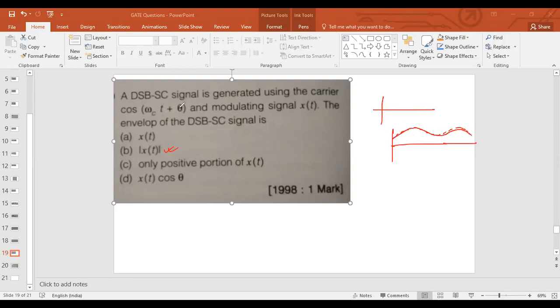So when generated using the carrier this, the modulating signal xt, the envelope of DSBSC signal will always be the mod of xt. Okay, so you have to remember this. We will always get this much of signal which we want to transmit. Okay, let us go to the next question.